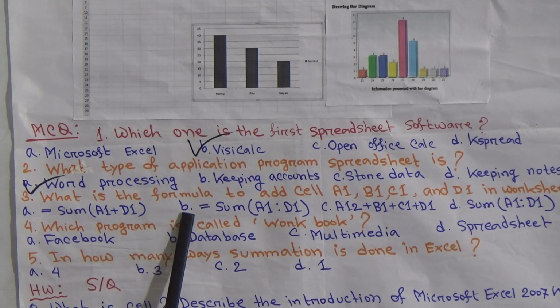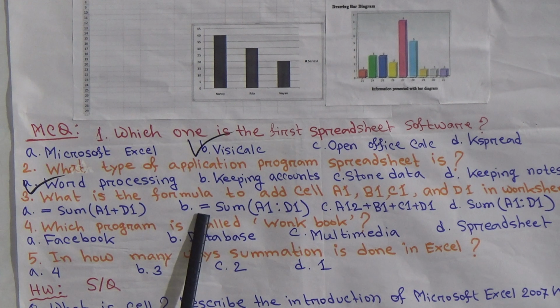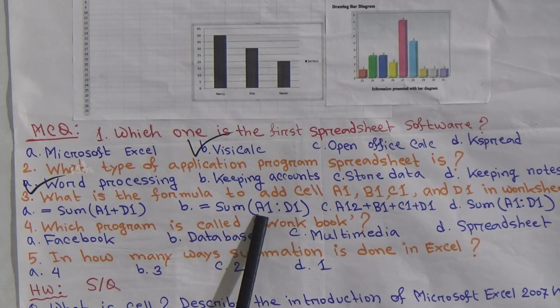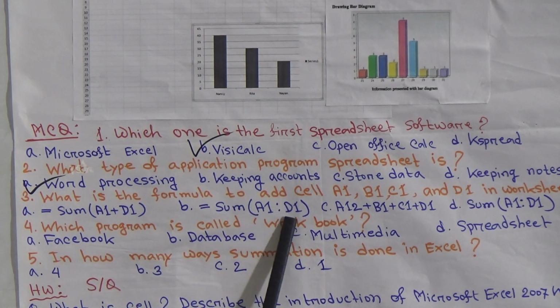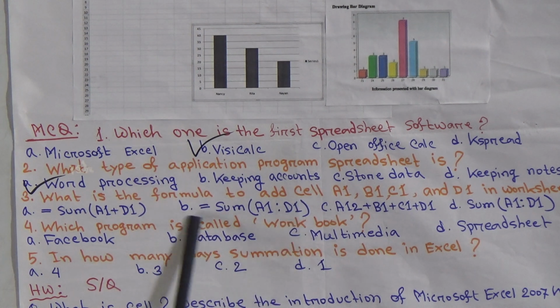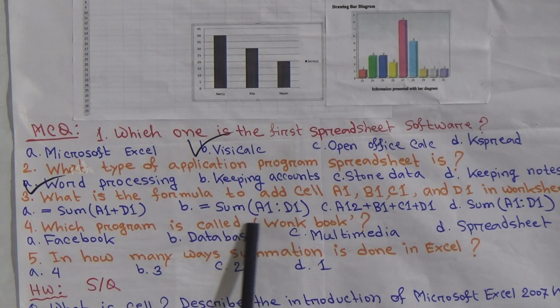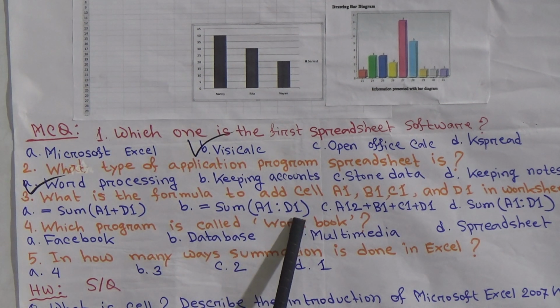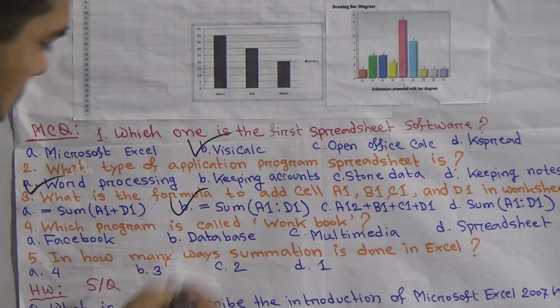Second one, number B, equal sign first, then sum, then bracket, then A1 colon D1. Yes, that is our answer. In our last class we talked about this formula. To add different cells we need to follow this formula. So that is our correct answer.